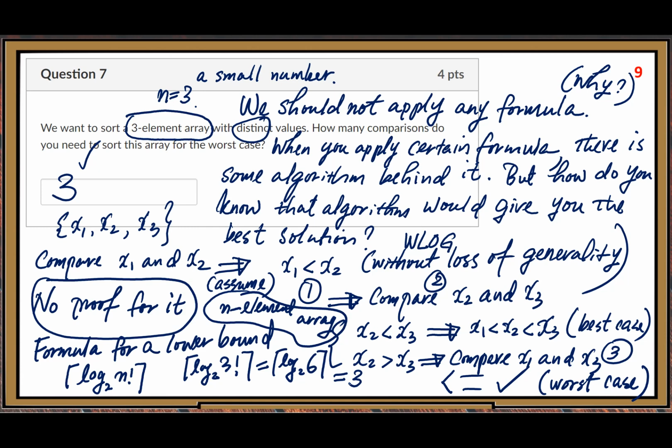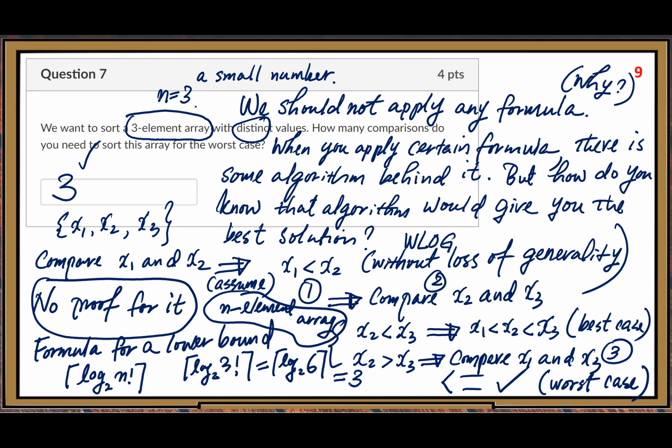So the ceiling of log base 2 of 6 is 3. That means the lower bound is 3. Based on this lower bound formula, we already reached the smallest possible number to solve a 3-element array. That's the best. Nobody can do better than this lower bound.